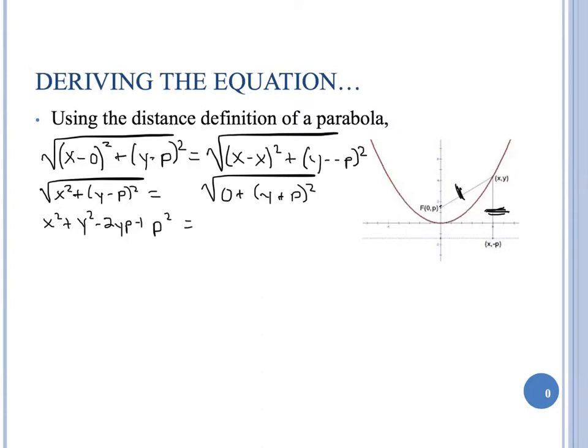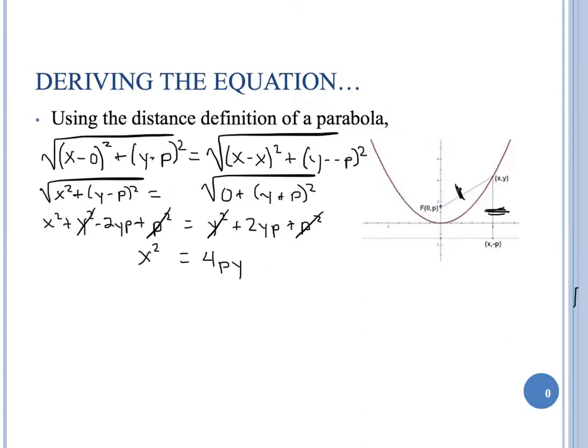And on the other side, I would have y squared plus 2yp plus p squared. So I'm starting to see that I have a couple things that are the same on both sides. The fact that there's y squareds on both sides, they'll cancel. The fact that there are p squareds on both sides, they'll cancel. So I've got an x squared equals, and if I bring all of my yp's together, I will have 4py.